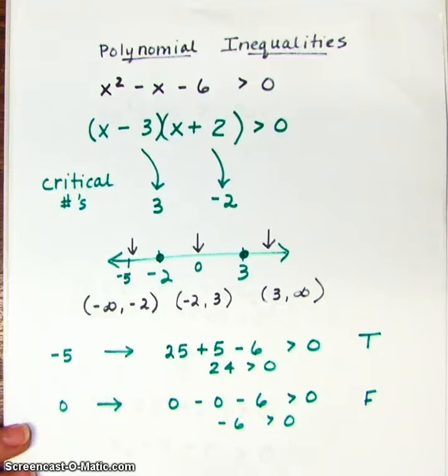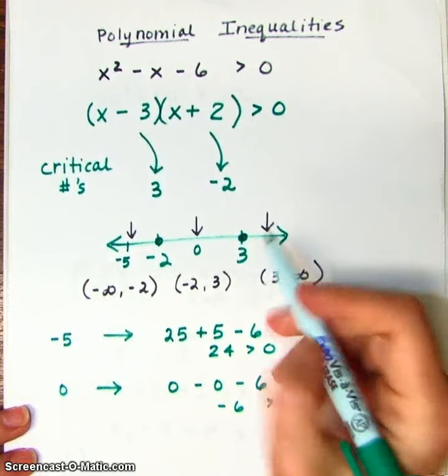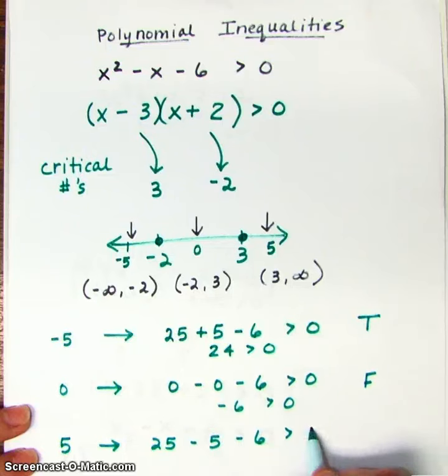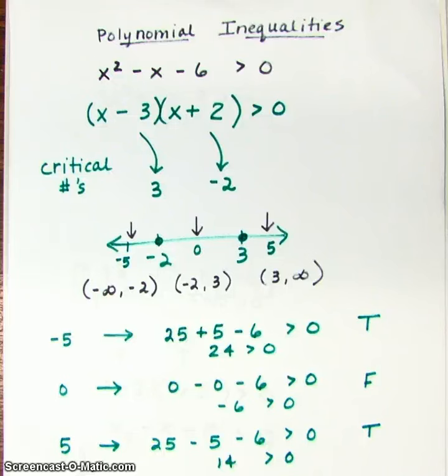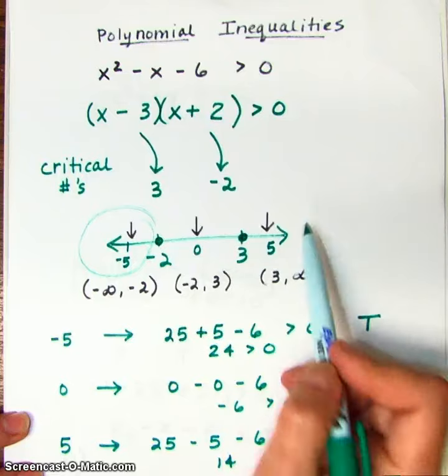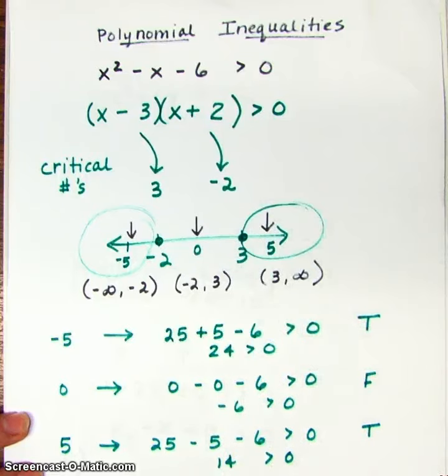And for the third test point, I'm going to pick something greater than 3. How about 5? So let's test 5. And we will have 25 minus 5 minus 6 is greater than 0. And 25 minus 11 is 14 is greater than 0. And that is true. And so that is the conclusion of our testing. So what we think the answer will be is this part is true and this part is true.